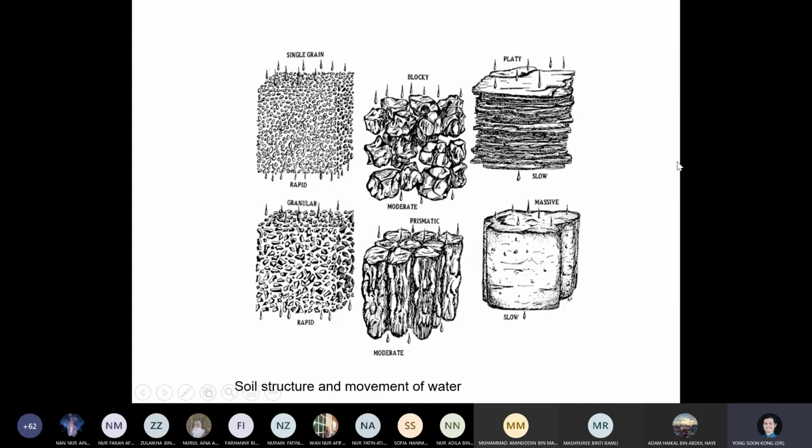So this texture is affected by the different percentages of soil, like sand, silt, and clay. It is also affected by the content of organic matter, and finally the weathering pattern. Weathering pattern plays a lot of role on this texture.